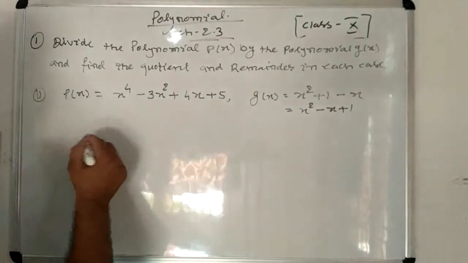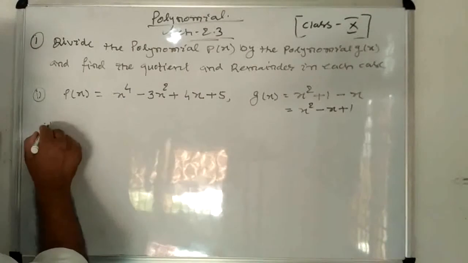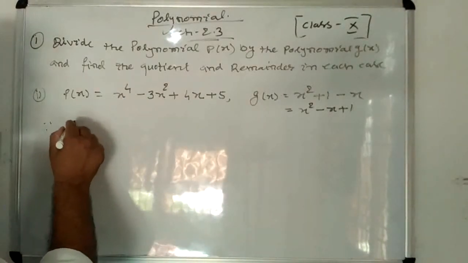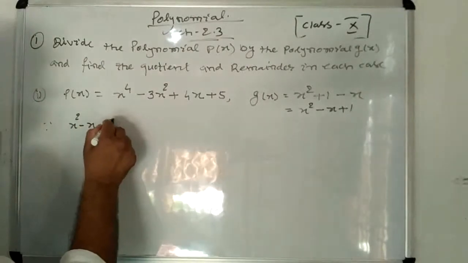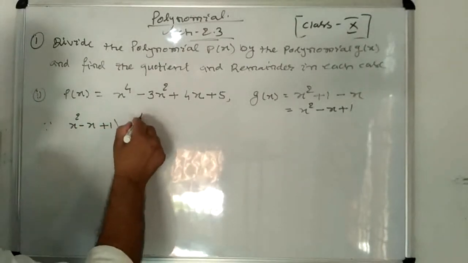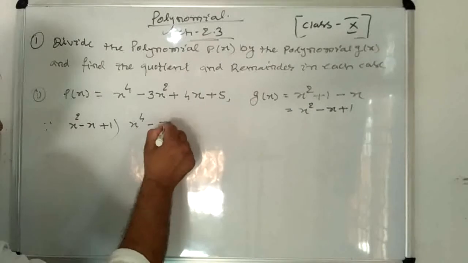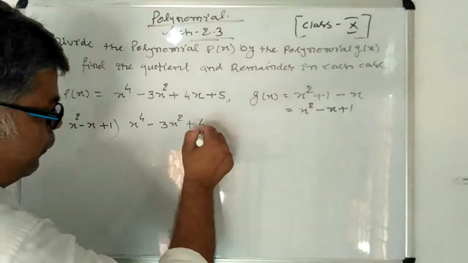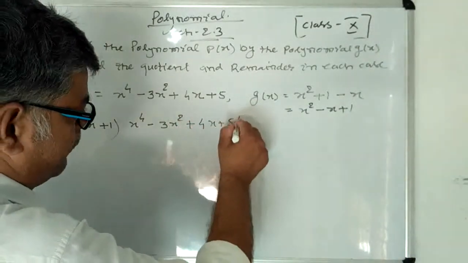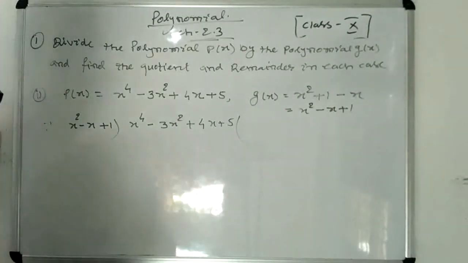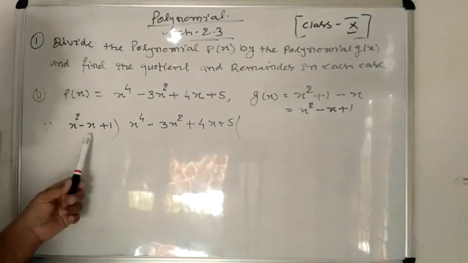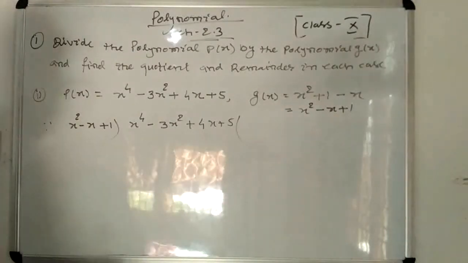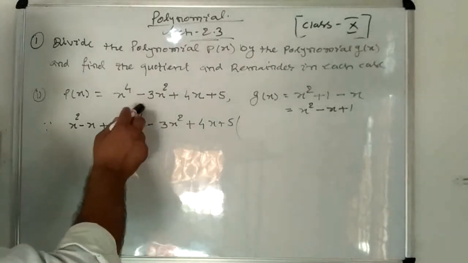Our g(x) is the divisor, so at the place of the divisor we write x square minus x plus 1, to be divided into x to the power 4 minus 3x square plus 4x plus 5 in this way. Now we have to think by which term we should multiply the divisor so that we get the first term of the dividend.